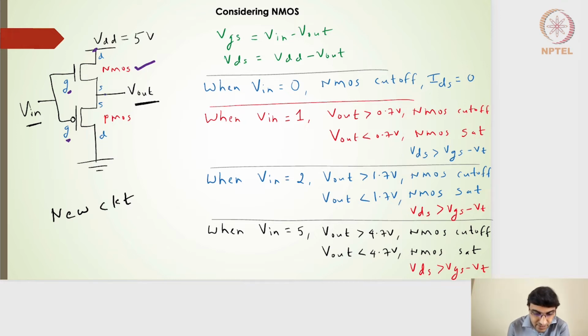So that means this terminal is likely to be at a lesser potential than the other terminal. So whichever terminal is fixed to the VDD rail will be the drain. So this is the drain for the NMOS. The other terminal, the Vout terminal, which ranges from 0 to 5 volts, is likely to reach a lower potential than the other terminal, and that is the reason why this is chosen as source.